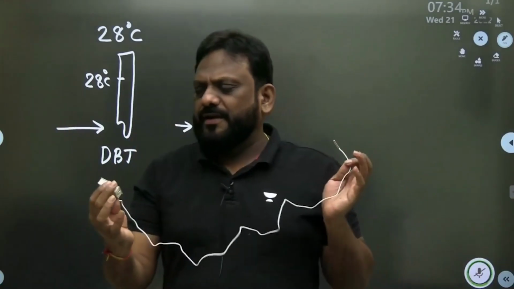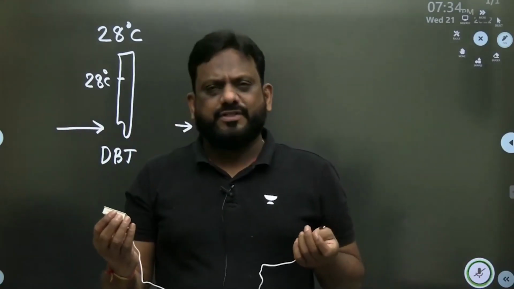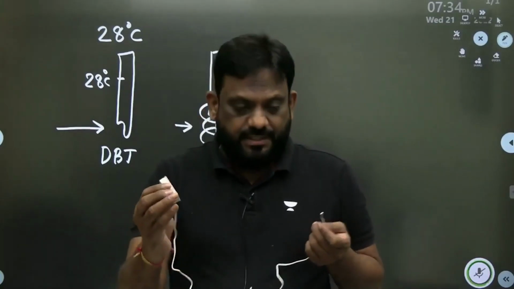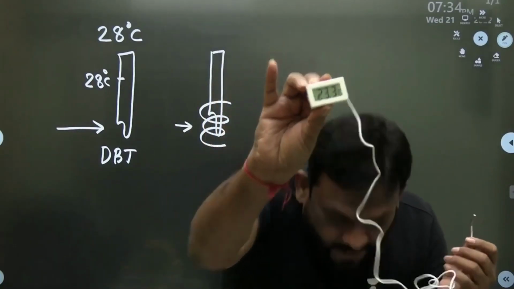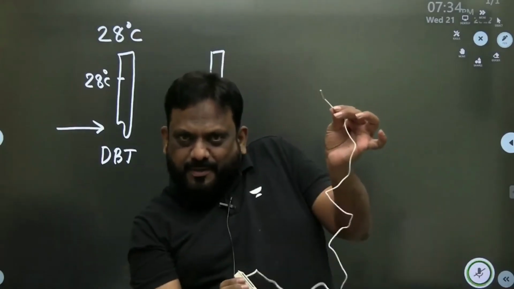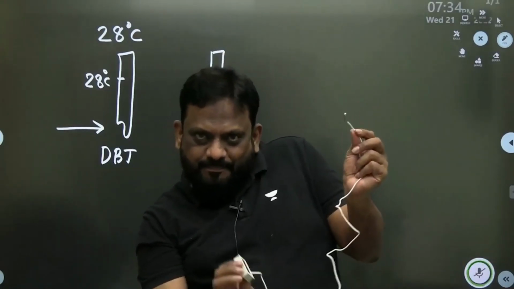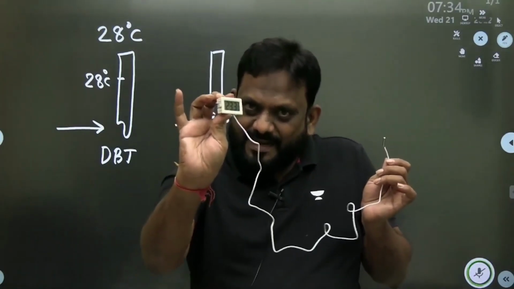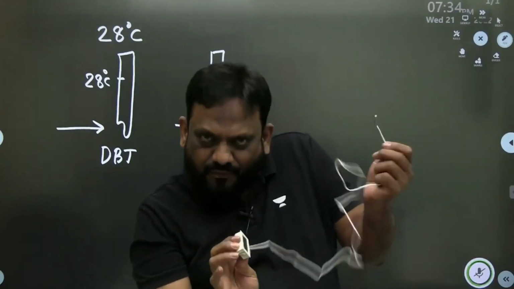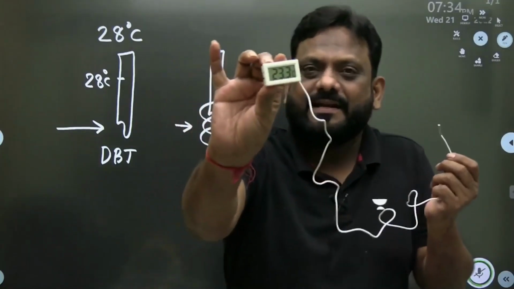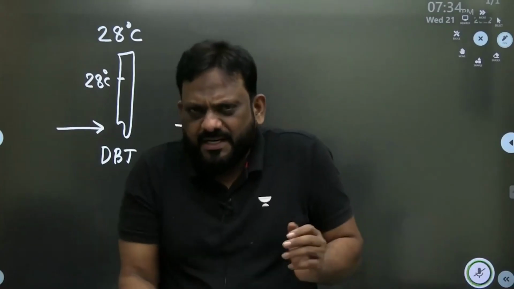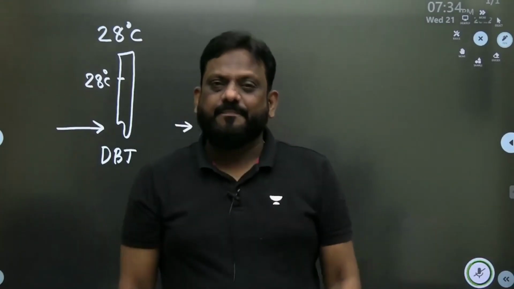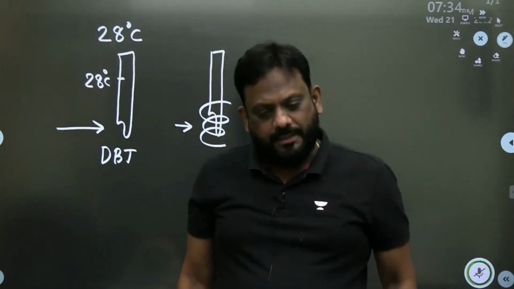So you recorded 24.4, something like this. Now it is 23.3. Oh my goodness. So when you come out of the swimming pool, the temperature starts dropping. That's why when the temperature is dropping, you try to shiver. You feel a bit cold.